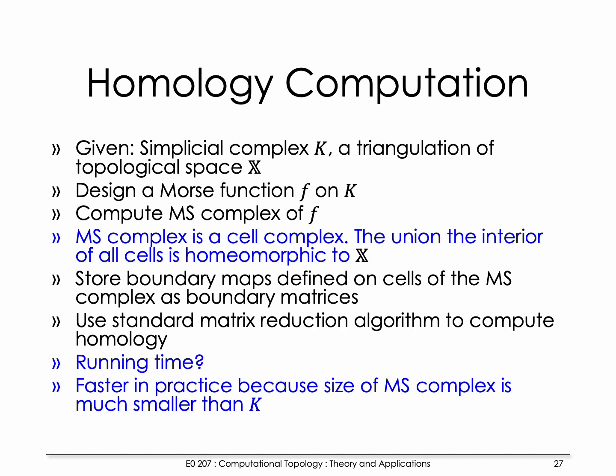Then we can apply our standard matrix reduction algorithm that you saw, reducing the matrix to the Smith normal form to compute the homology. And since the cell complex also represents the topological space X, this will also give you the homology of the topological space X.